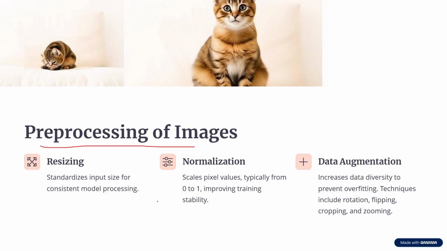Resizing standardizes the input size for consistent model processing, so all the images must be the same size before feeding them in. Normalization scales pixel values, typically from 0 to 1, improving training stability. Pixels from 0 to 255 are converted into the 0 to 1 range, which speeds up learning.